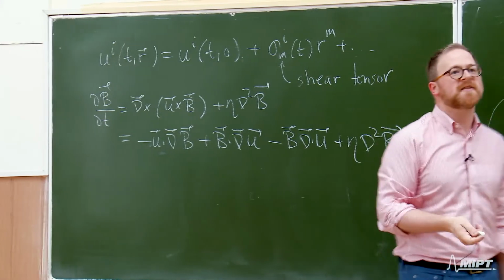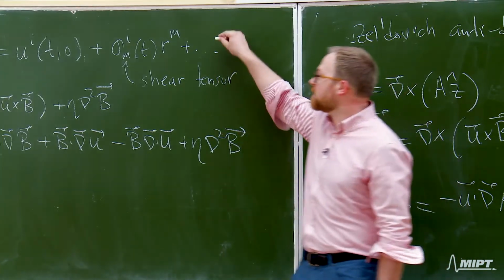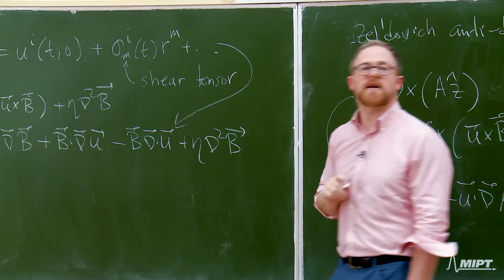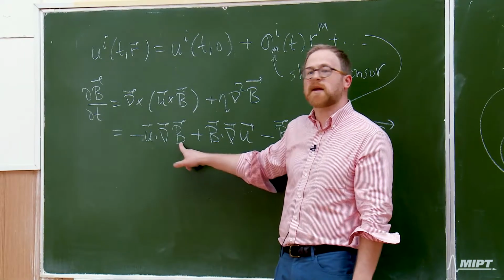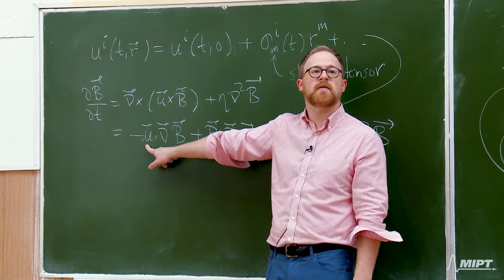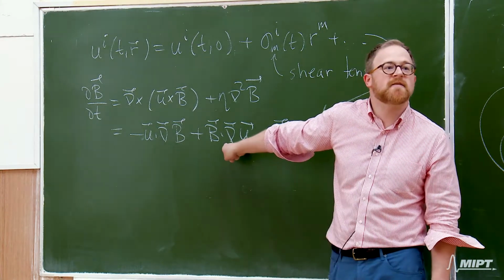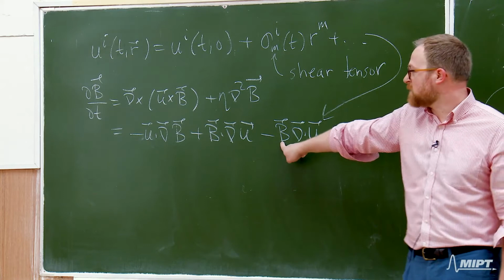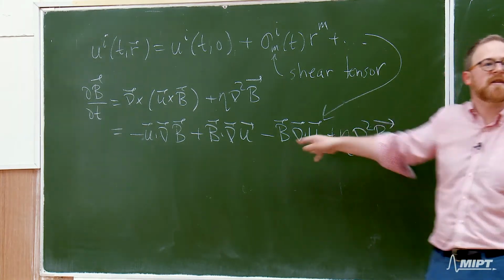Use a vector identity to just write out all the pieces. And just take this and substitute it in for the velocity. So there's different terms here. This corresponds to advection. So the magnetic field is carried around by the flow. This is just the magnetic field being stretched by gradients in the flow. This is the magnetic field being squeezed by divergences or convergences in the flow. And then there's dissipation.